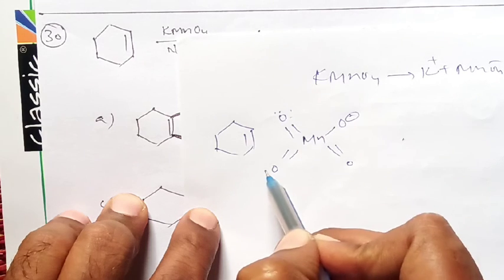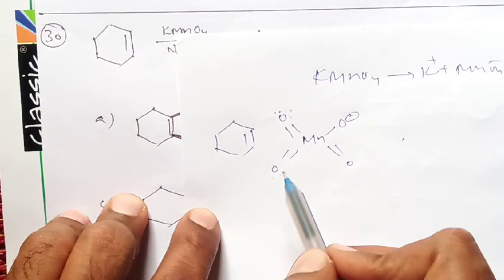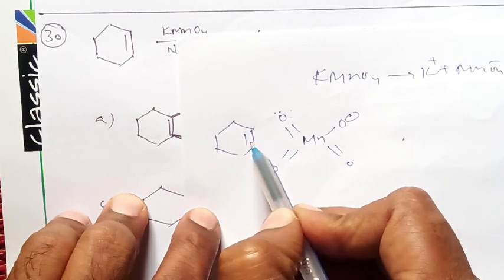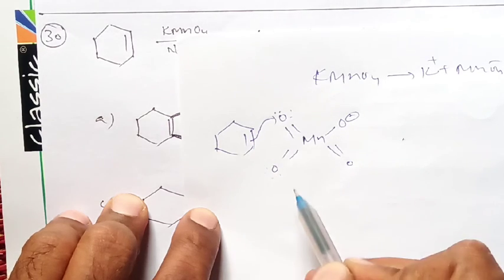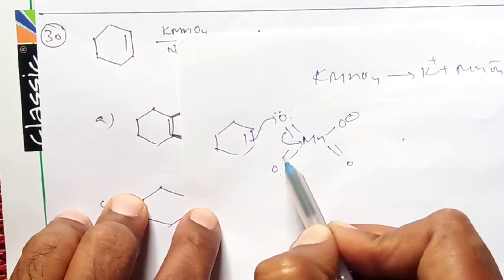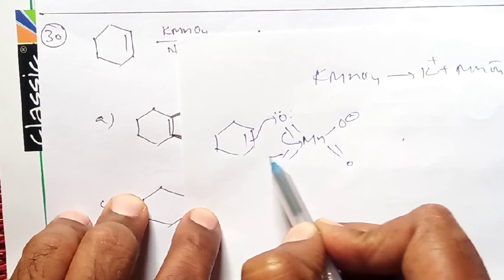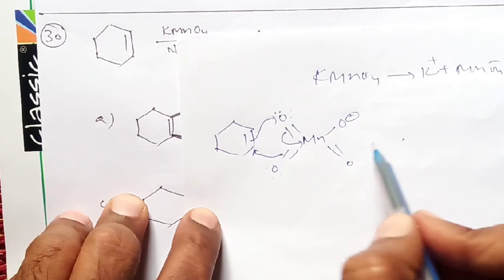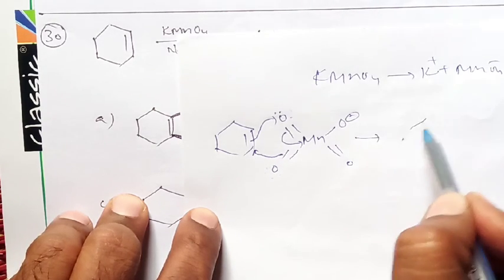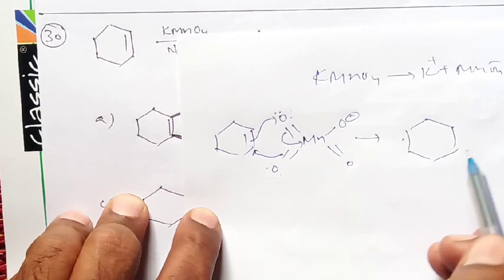So this is the structure of MnO4 minus. Now what happened in between these two, these pi electrons are moving here, these electrons are moving here, and these electrons are creating a bond attached there. So then what happens in the first step? This is the step that happens.